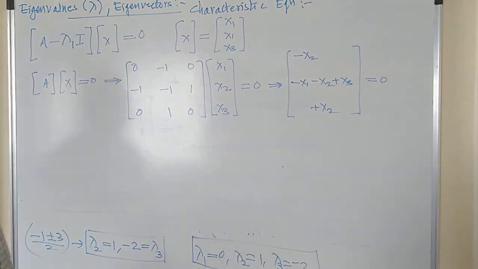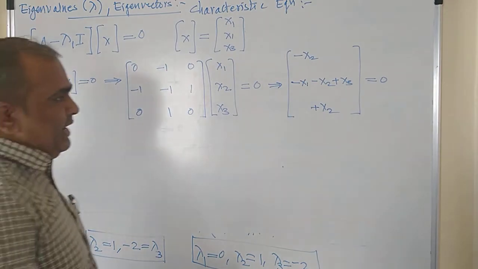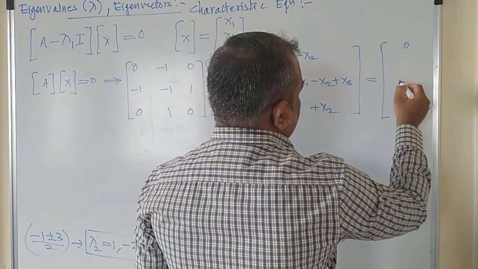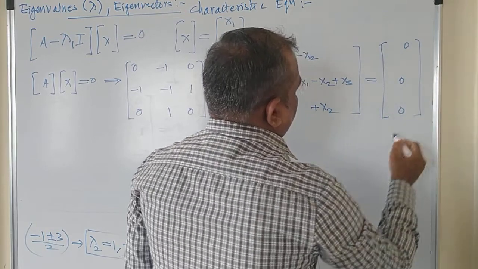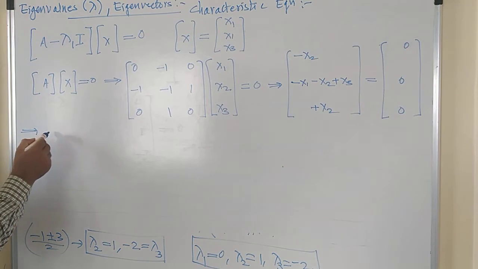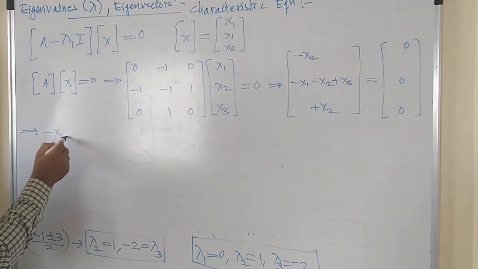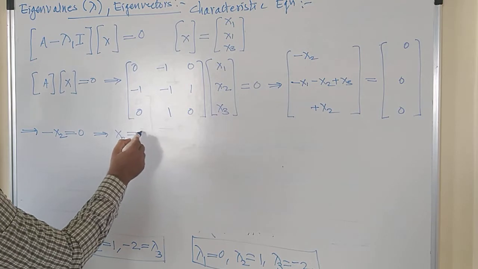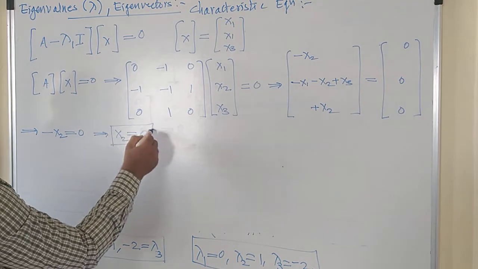This equals 0, that means the 0 matrix, so 0 0 0. You can equate the corresponding elements, which gives minus x2 equals 0. This implies that x2 has a value equal to 0, right?